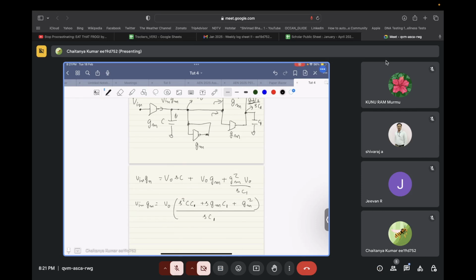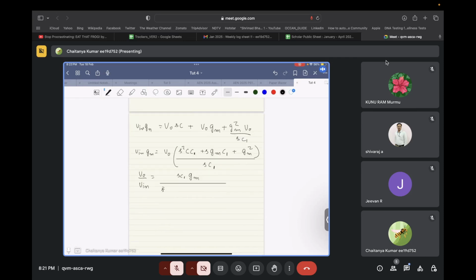So what we want is V naught by V in, right? That is our transfer function. So we have SC1 GM divided by S square C times C1 plus S GM times C1 plus GM squared. Now this GM squared can be taken out common from this complete equation.